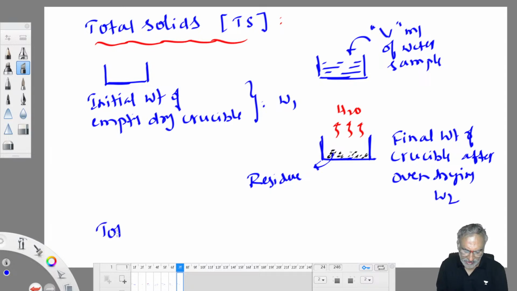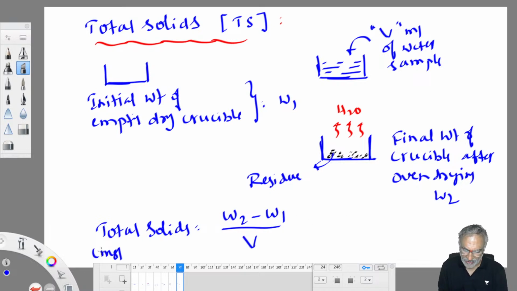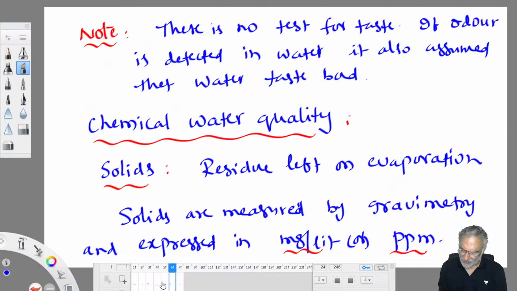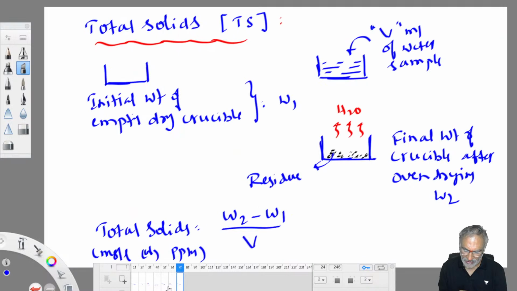Therefore, total solids in water is equal to W2 minus W1, the difference in weights, divided by V. We can express it in milligram per liter or ppm. Milligram per liter and ppm are the same. 1 milligram per liter is equal to 1 ppm.